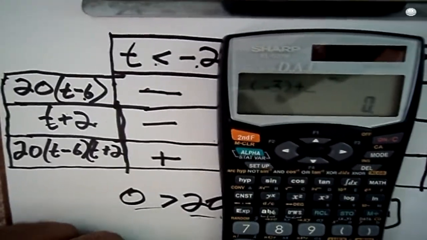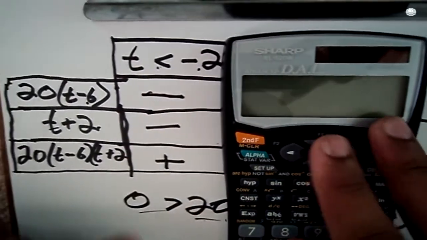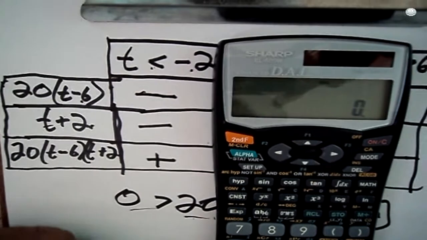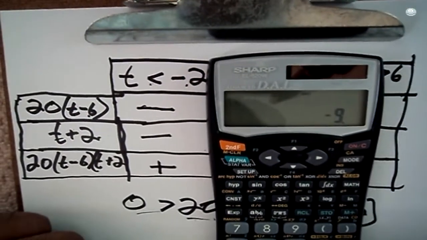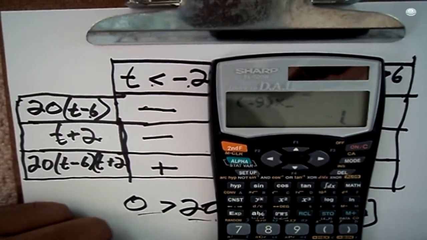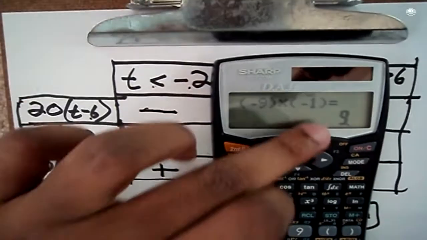Negative 3 plus 2 gives us negative 1, negative. Negative 9 times negative 1 gives us a positive number, which we have here.